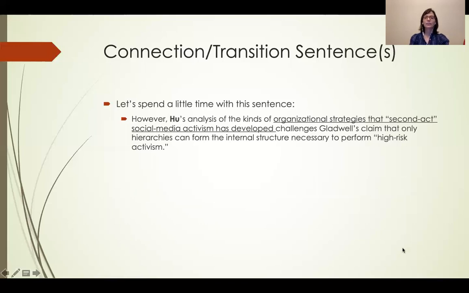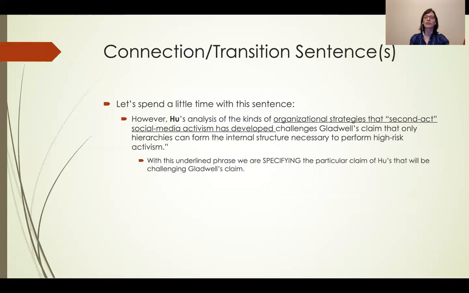Okay, and if we spend a little more time with this connection transition sentence, then we're looking at this phrase here. So organizational strategies that second act social media activism has developed. And so that's the particular claim from Hugh that we're focusing on.